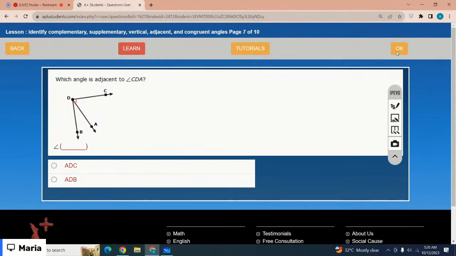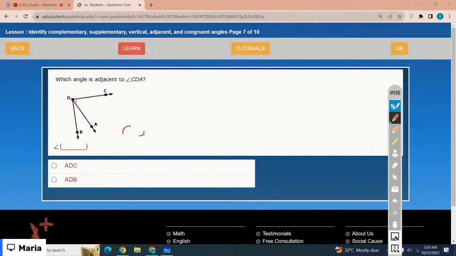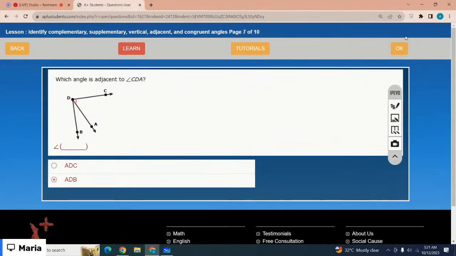So this is angle CDA, then ADB is the adjacent angle because they both have the common vertex, right? So angle ADB is the correct option. So option number B is the correct option.